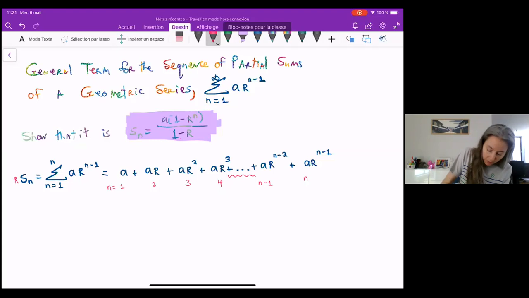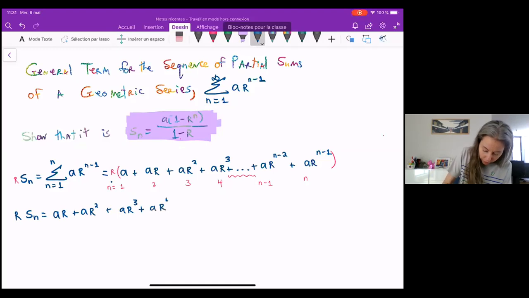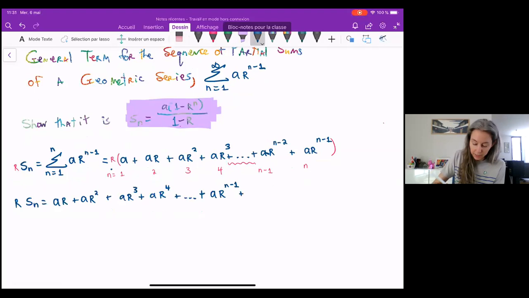So I'm taking s sub n and multiplying it by r, so I will have r s sub n. If I multiply each of those terms by r, distributing the r to each term inside, I'll get ar plus ar squared plus ar cubed plus ar to the fourth plus dot dot dot plus ar to the n minus 1, and at the nth term, plus ar to the n.